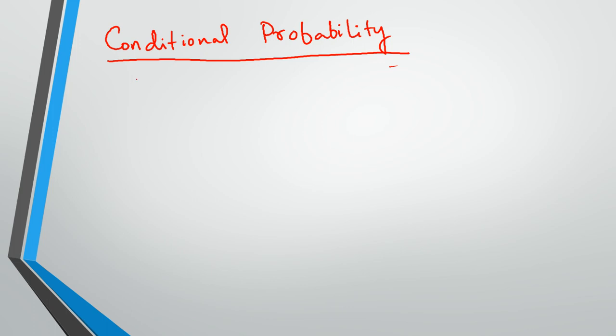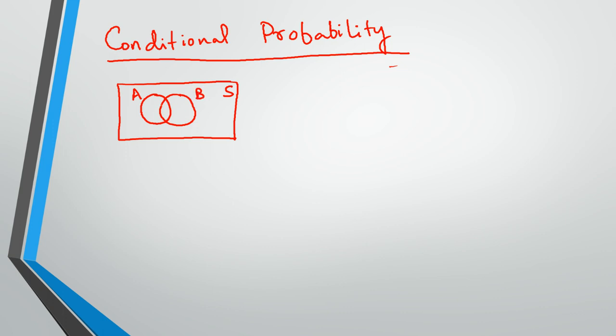Let's say you have a sample space S here, and you have two events, A and B, and this is the intersection part, A intersection B. So what is P of A given B has already occurred? This is called conditional probability.